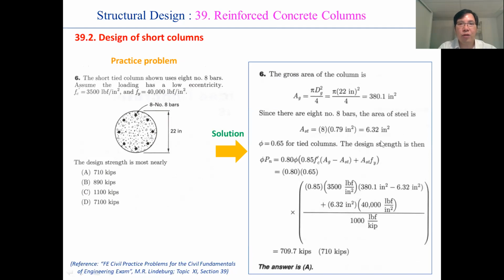Here is the solution. Firstly, you can calculate the gross area of the column by this equation. Ag equal to pi times D square sub c per 4, and you can find the value of Ag. After that, because there are number 9 bars, you can calculate the area of steel by this equation.